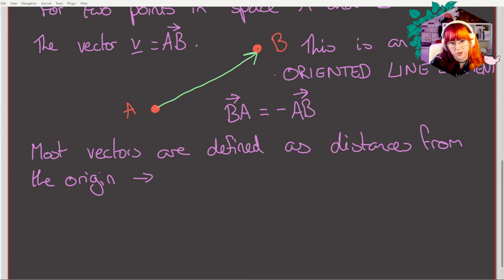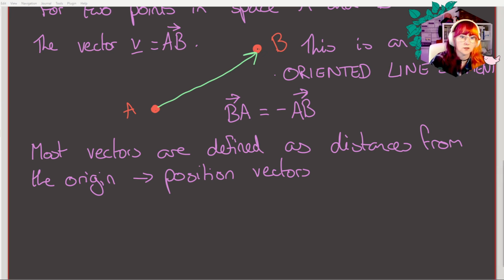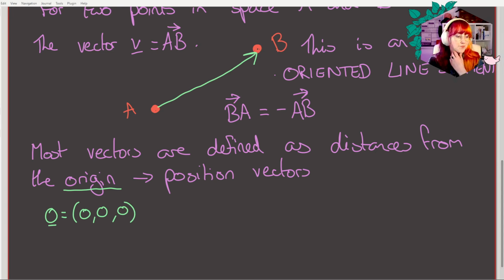And these are called position vectors. So here I'm saying the origin, and what I mean by that is the vector defined as 0, 0, 0 in space, or 0 vector.